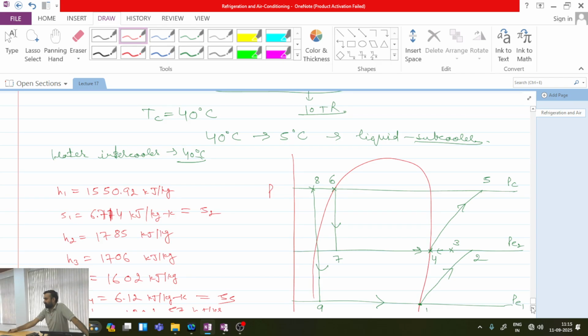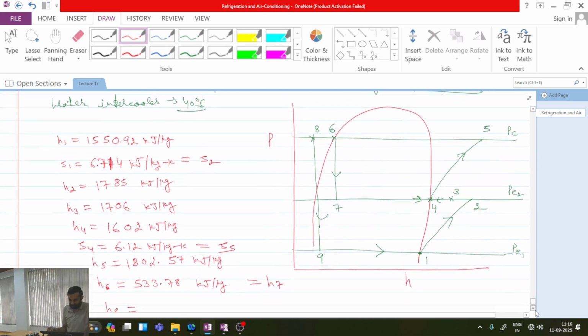So first point is either you need to refer to subcooled property table. If subcooled property table is not given, then second point is what we can do: if specific heat of the liquid refrigerant is given at the condenser pressure, then we can utilize that specific heat data, because this 6 to 8 process is happening at constant pressure condition.